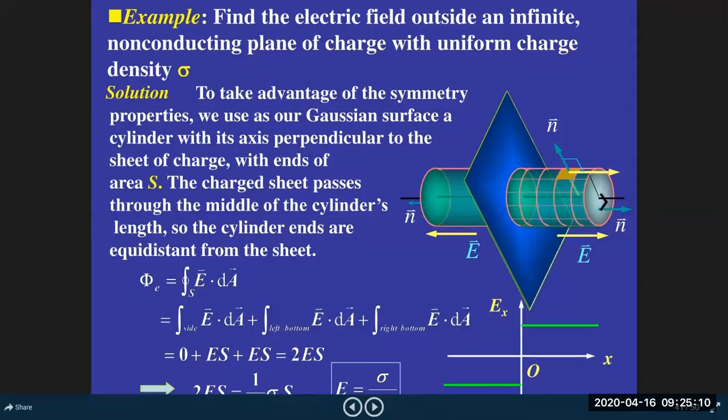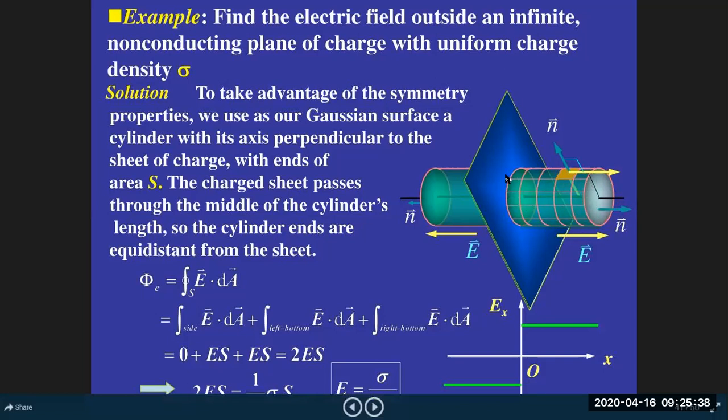As we have just discussed, you draw the charge distribution and then indicate the direction of electric field. After that, find out the flux linked with the Gaussian surface, and after that, put that flux in the Gauss law equation. So here, our Gaussian surface is pillbox-like.